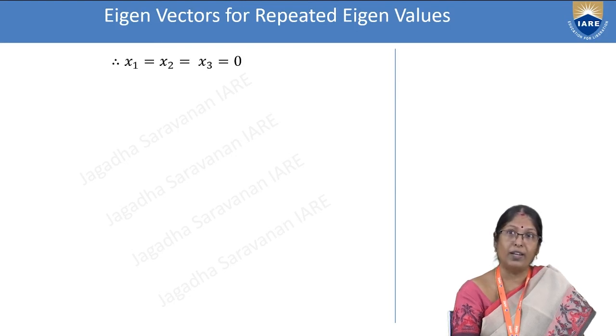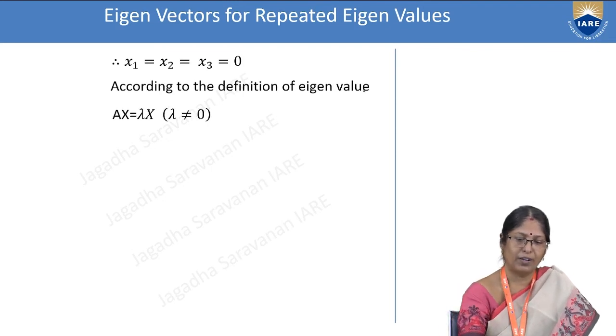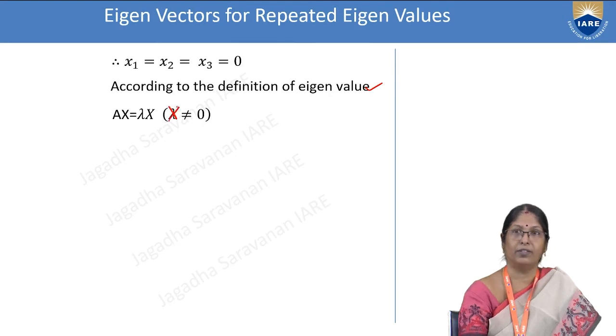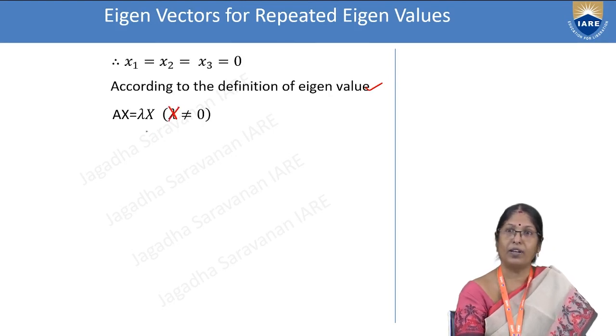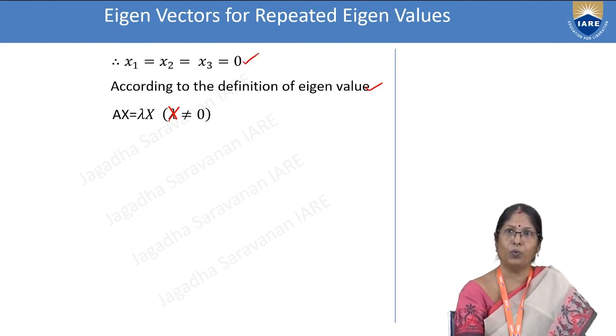So, we can declare the arbitrary constants. According to the definition, Ax equal to lambda x, where the eigenvector is not a zero vector. It is a non-zero vector, but we got a completely zero vector.